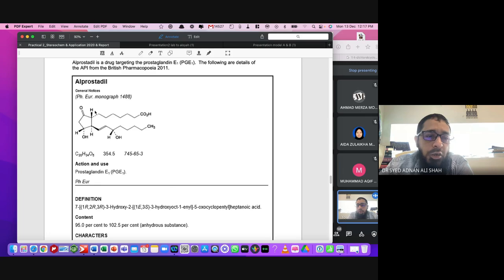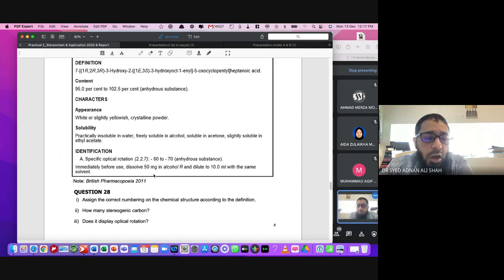So 1, 2, and 3 can also be correct, with 3 stereocenters. If you assign this one as a CO group and this one as a different group, then only that. But up to your point, this is one stereocenter, the second stereocenter the same, and then the third one, which is the hydroxyl group. So this is how many stereocenters.